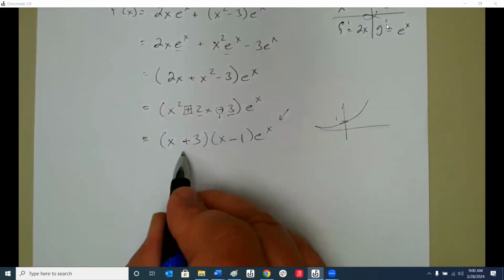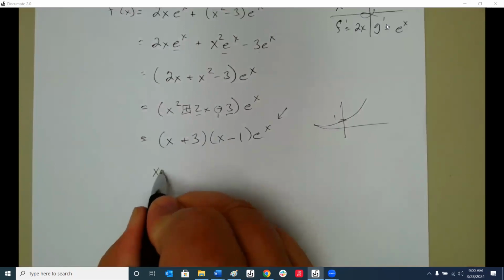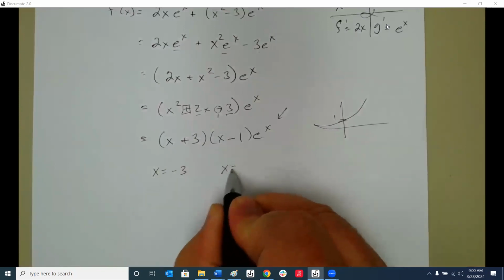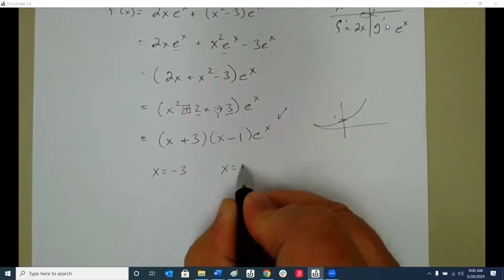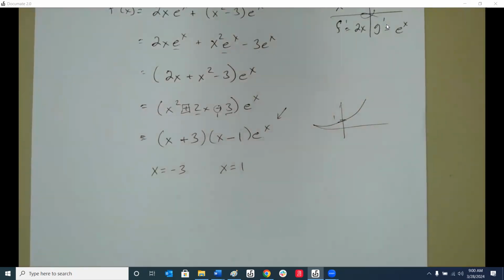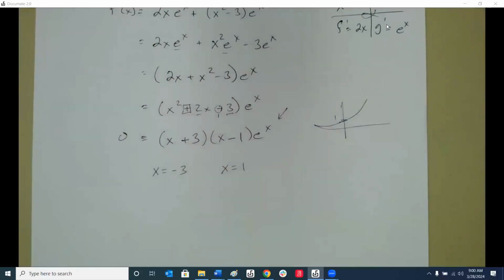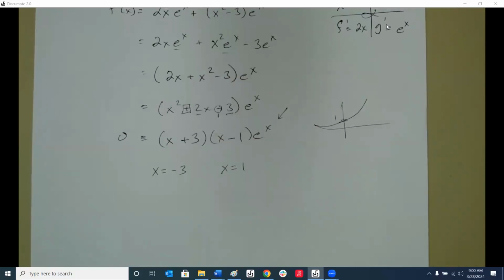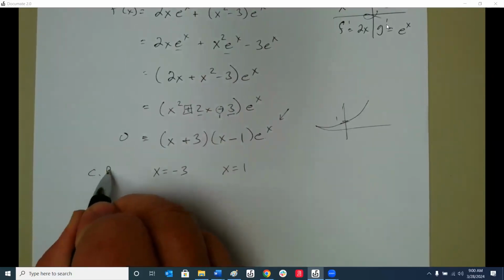So our only x-intercepts are at -3 and 1. And not x-intercepts, I mean critical points, because this is if we set it equal to 0. Those are the only zeros we'll have. So these are my CPs.